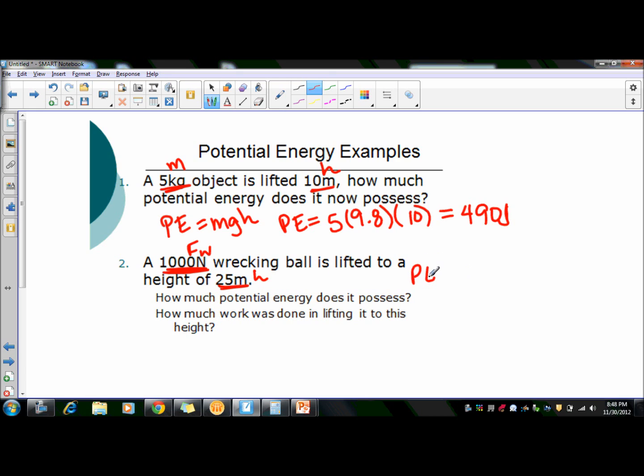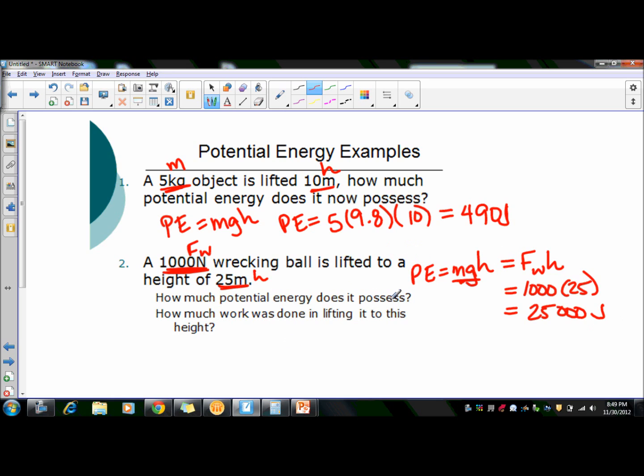Potential energy is mgh, and before, we said that mg is the force, the weight. So we can change this to Fw times h. So 1,000 times 25 gives 25,000 joules for the potential energy.